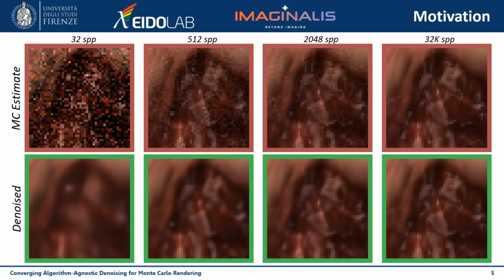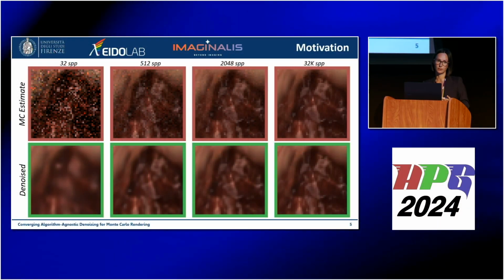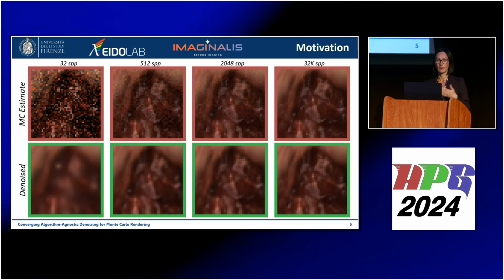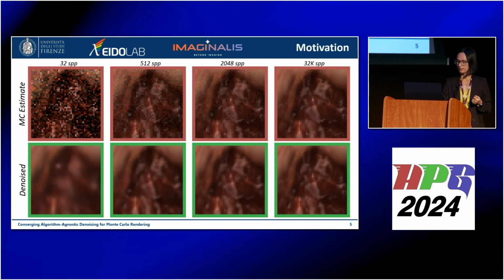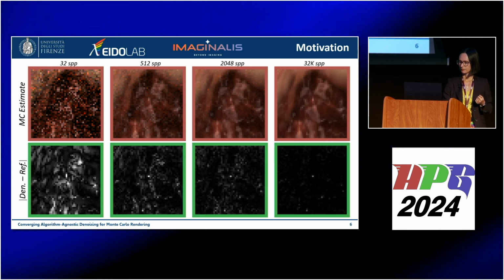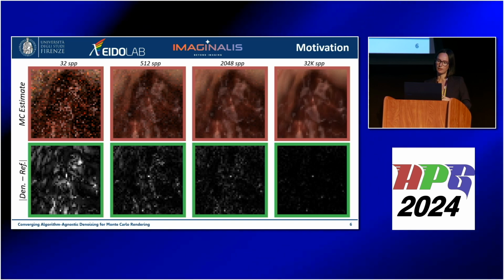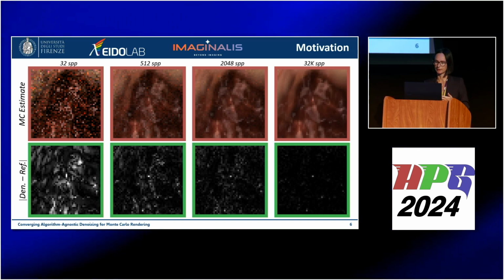However, even high-quality deep learning-based denoisers like OptiX or Open Image Denoise often struggle to distinguish between fine details and the noise, resulting in excessive smoothing. This issue can be illustrated better in the visualization of the difference between the denoised images and the reference.